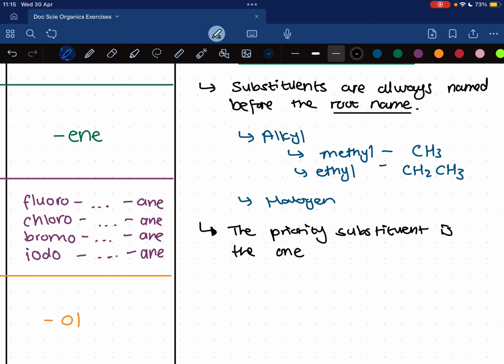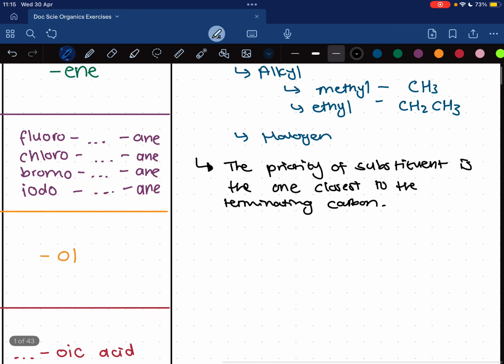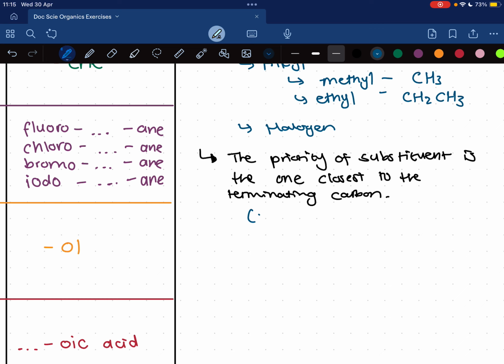The priority of substituents is the one closest to the terminating carbon, which is the carbon that we start with, and they have no preference except alphabetical.